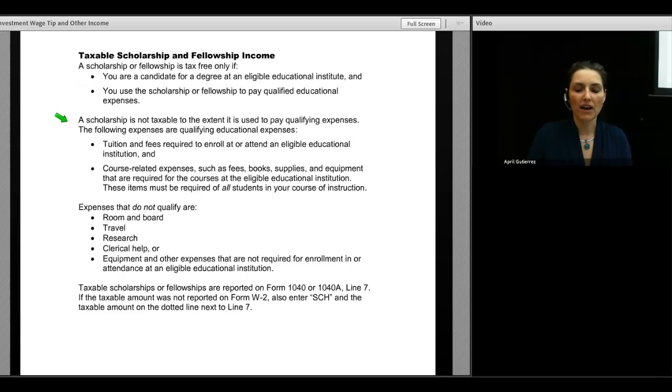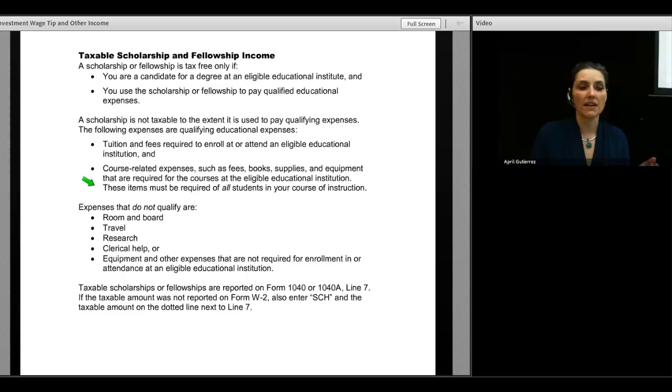A scholarship is not taxable to the extent it is used to pay qualifying expenses, and the following expenses are qualifying expenses. They include tuition and fees required to enroll at or attend an eligible educational institution, as well as the cost of course-related books, fees, supplies, and equipment that are required for the courses at the eligible educational institution. But these items must be required of all students in your course of instruction.